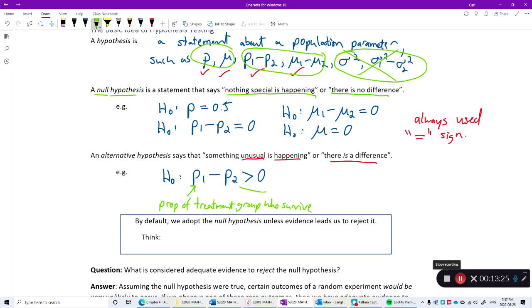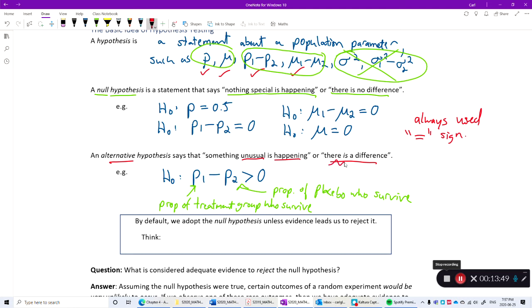And then this one is the proportion of the, let's say, placebo group who survive an illness. And if this is saying that if you get the treatment, you're more likely to survive, the drug is working. So that is an example of an alternative hypothesis.